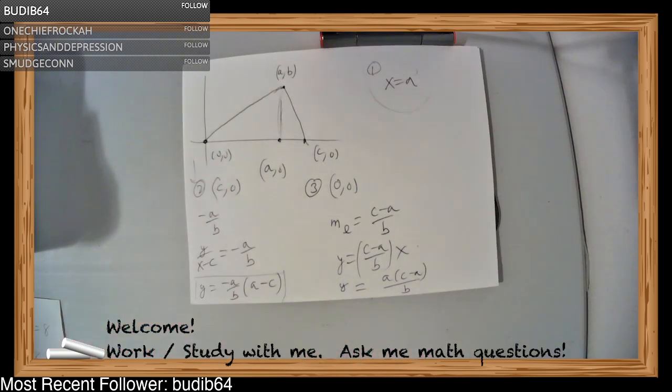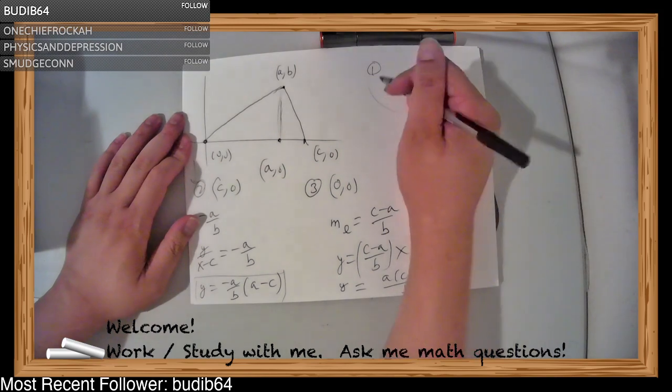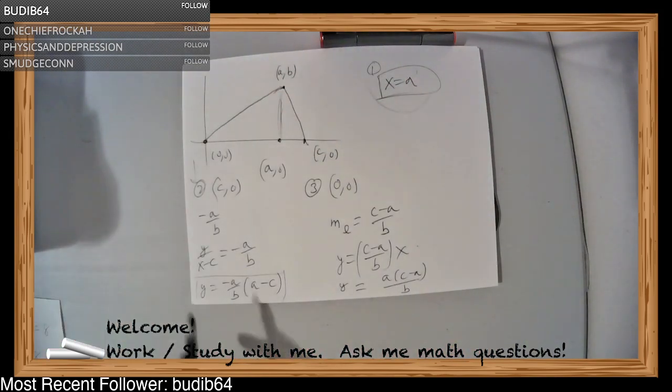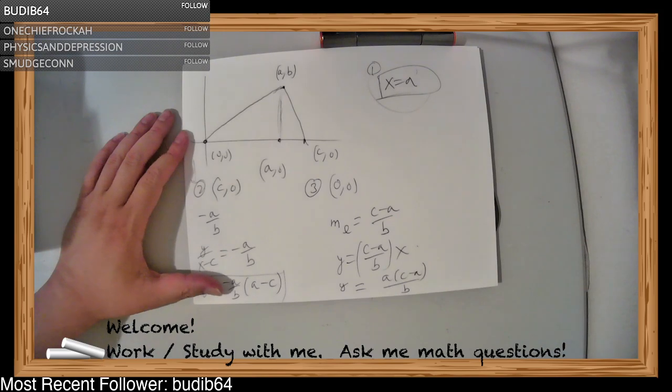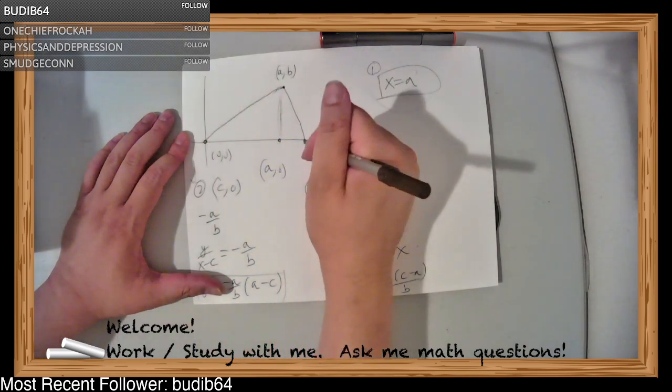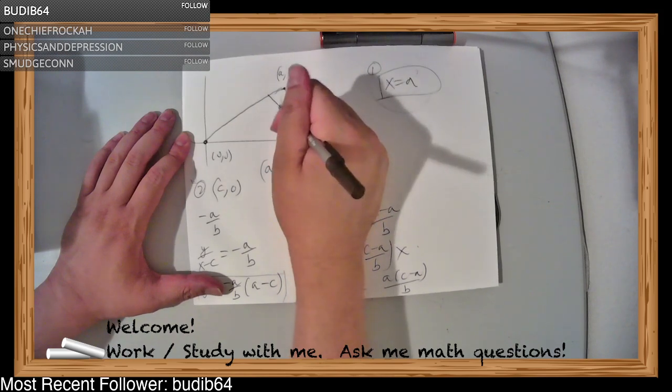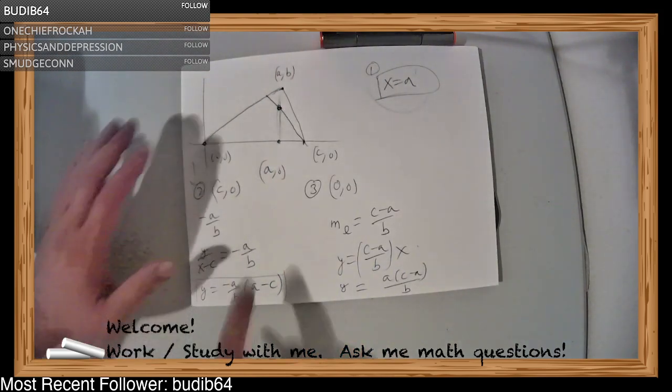All right. So yeah, the first equation, or the first altitude, gives us x equals A. The second equation gives us the specific y value where these two intersect. Okay, and this is the third equation.